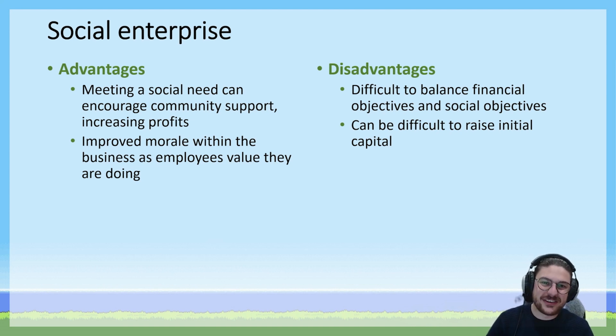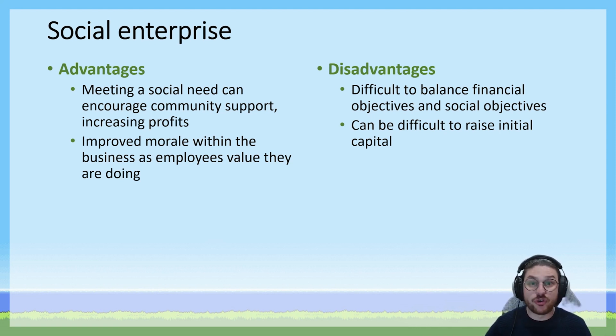Of course, disadvantages of social enterprises are they have a very difficult time, or a great challenge, balancing their financial objectives and their social objectives. It's important for social enterprises that they are profitable, and it's very attractive for them knowing that they can spend their profits to fulfill this social project.